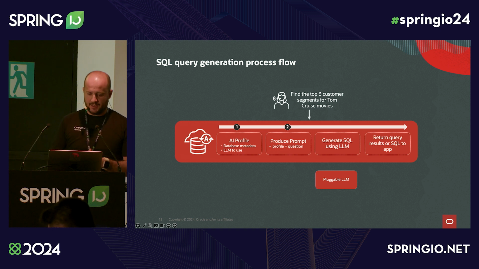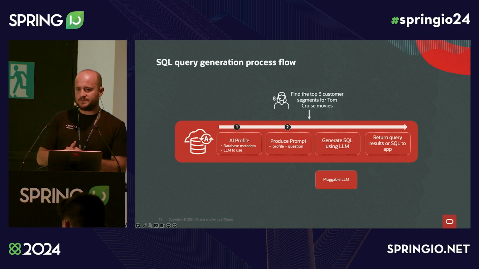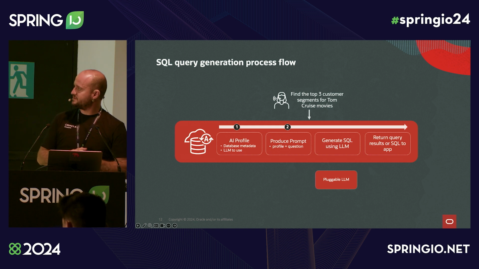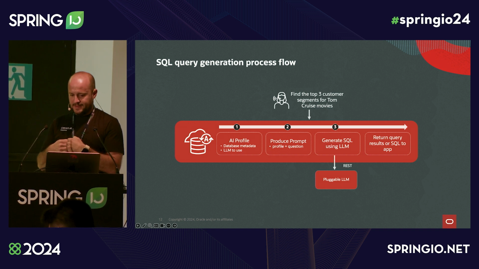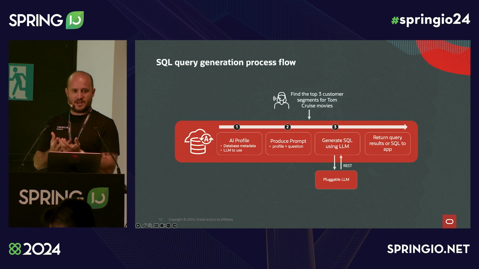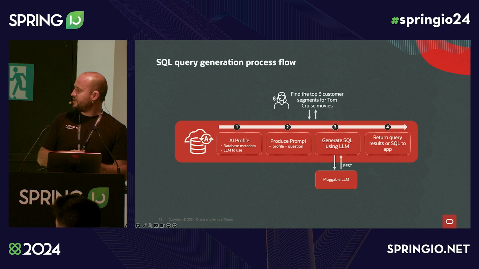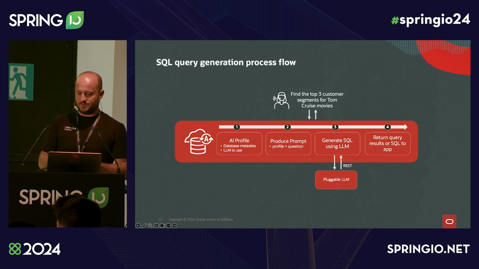In this case, find the top 3 customer segments for those movies. That will be interesting for a marketing person. I just don't know, but they will ask this type of thing. So you combine all of those in that second step, and then you call that pluggable LLM, let's say. The response will come back, it will be generated, verified, and run, and then the response will come back to the user. Okay, so that's kind of the idea.